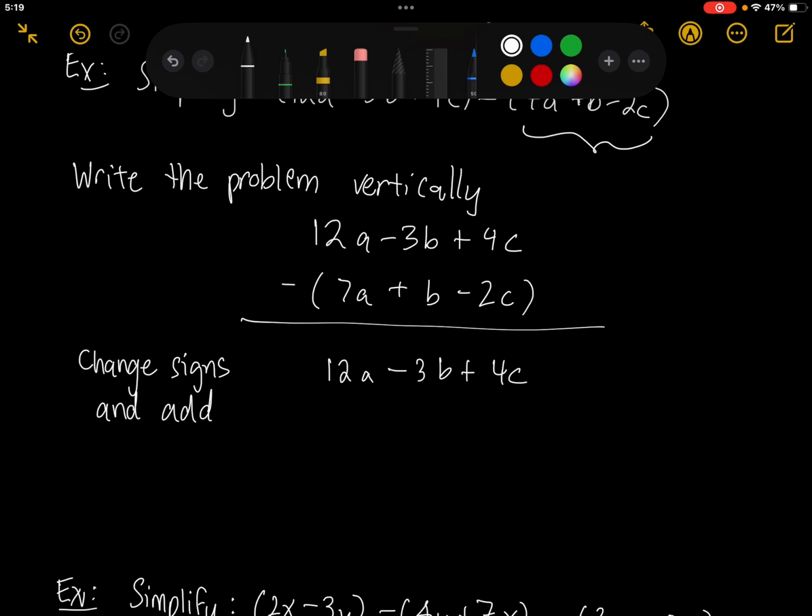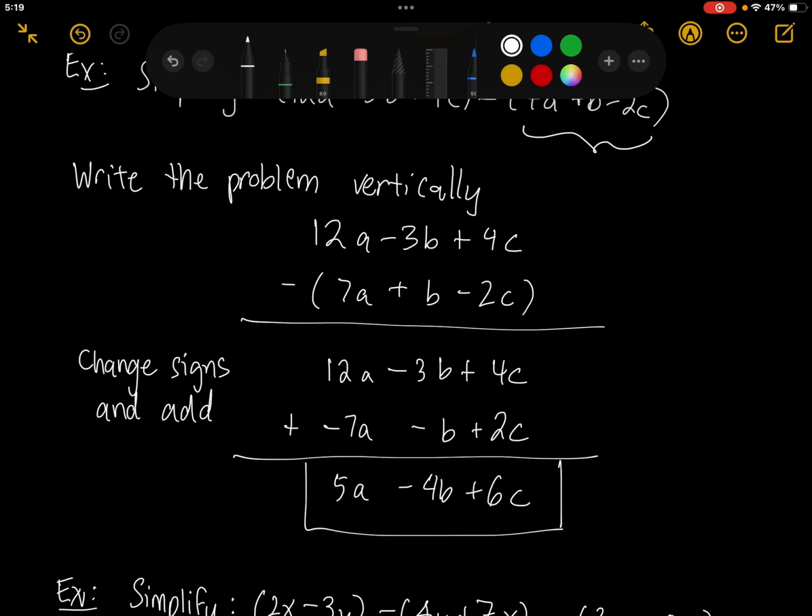So I'm adding negative 7a, and I'm adding negative b, and I'm adding 2c. And now I'm just adding like before. 12a plus negative 7a is 5a, negative 3b plus negative b is negative 4b, 4c plus 2c is 6c. So my answer is 5a minus 4b plus 6c.